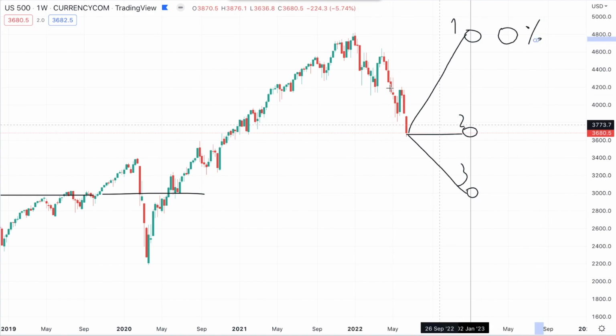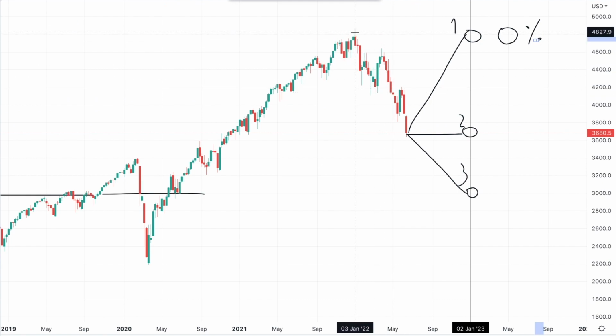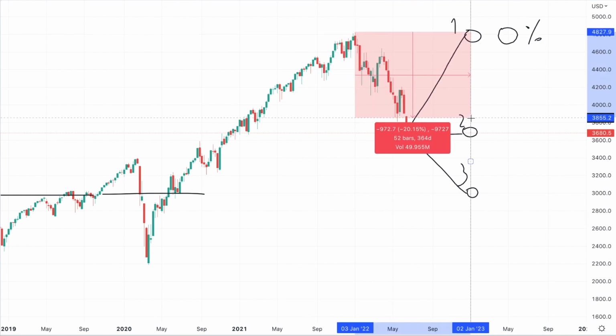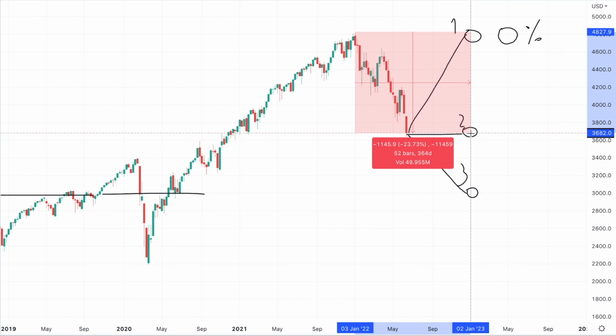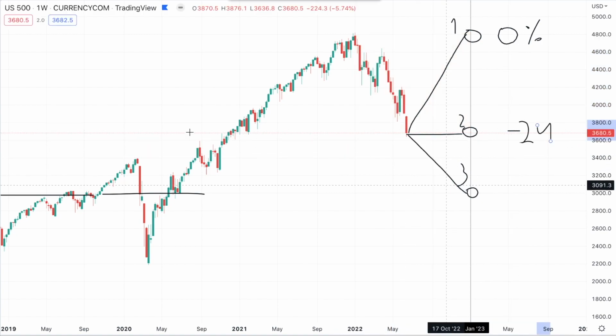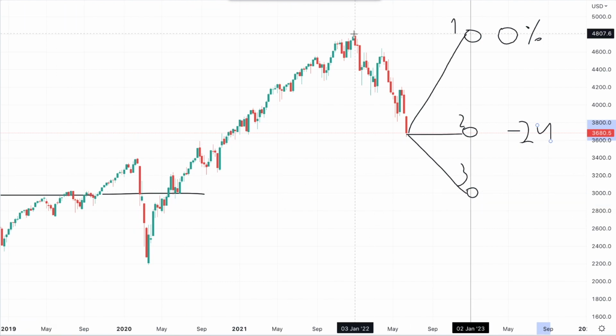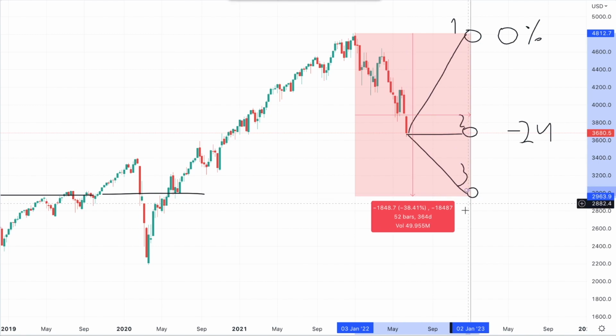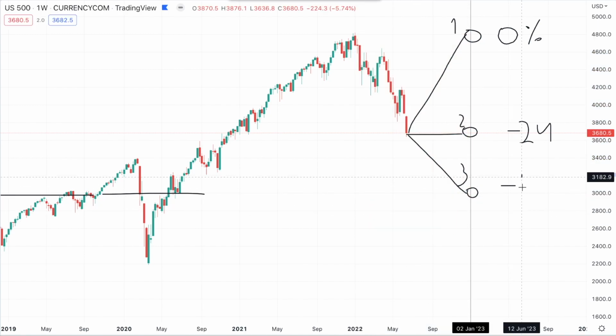In scenario 2, from January 2022 to January 2023, that's a 24% move down in the market, so minus 24. Then scenario 3, from January 2022 to January 2023, that's an almost 40% drop on the S&P. So let's put 40% here.